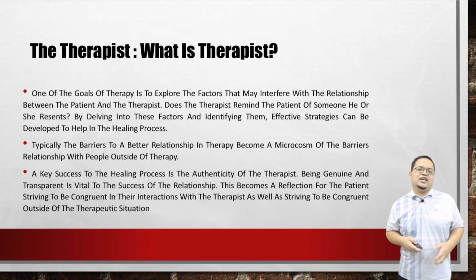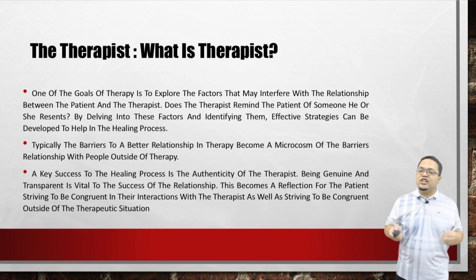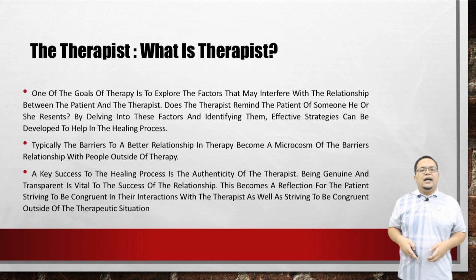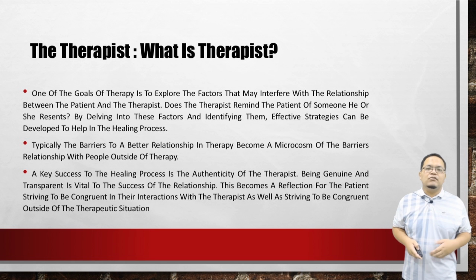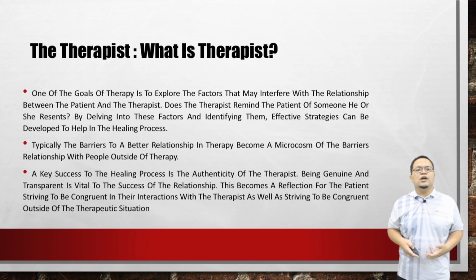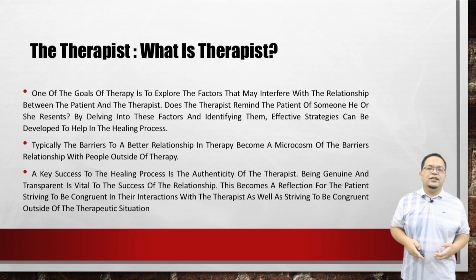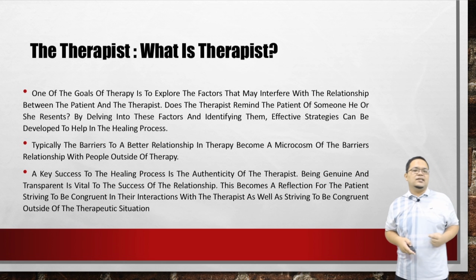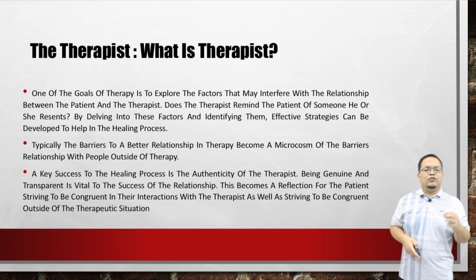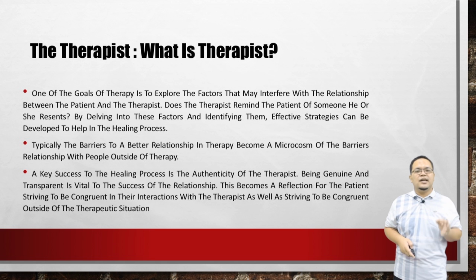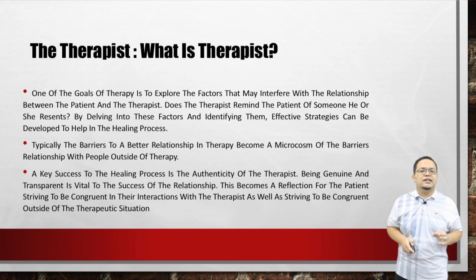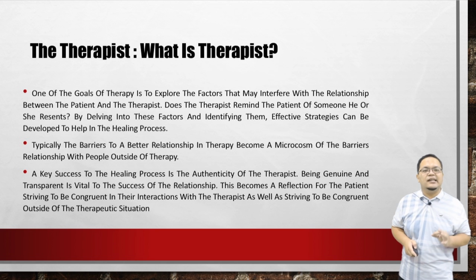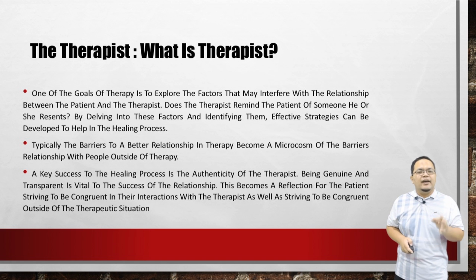effective strategies can be developed in the relaxation technique process to help the healing process. Typically, the barriers to a better relationship in the therapy become microcosms of the barriers in relationships with people outside of the therapy. A key to success in the relaxation technique process and to the healing process is the authenticity of the therapist.